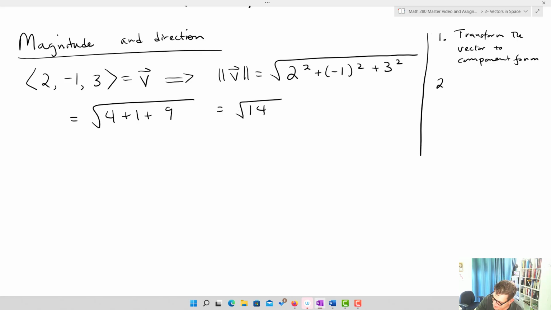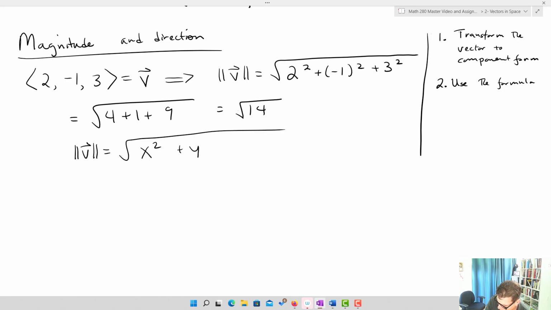And then secondly, use the formula. And that formula, just in case you've forgotten, is the magnitude of v equals the square root of x squared plus y squared plus z squared: the x component squared plus the y component squared plus the z component squared.